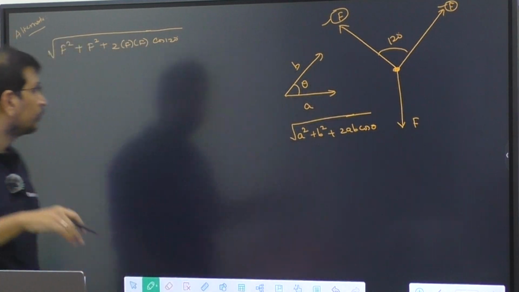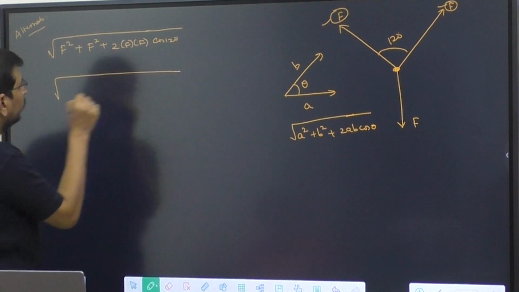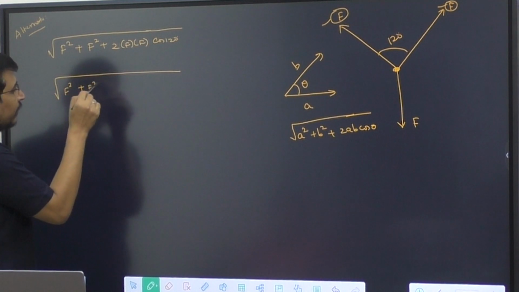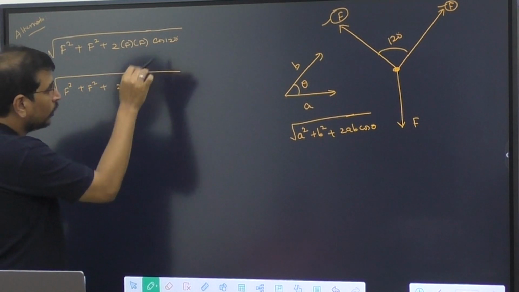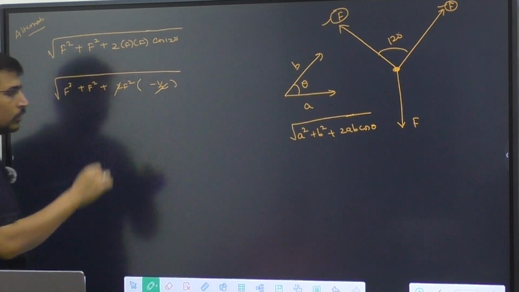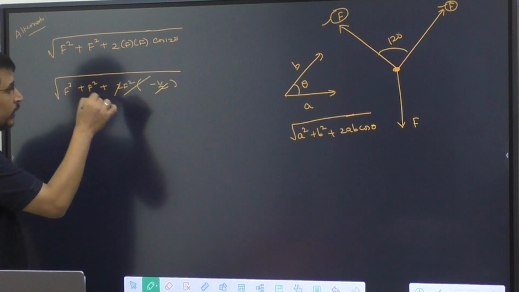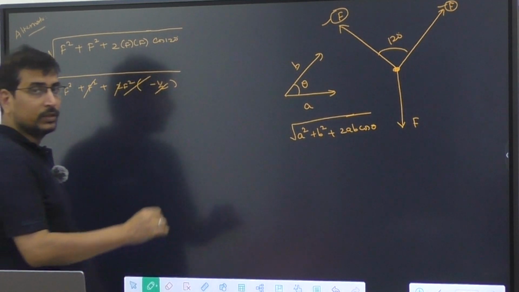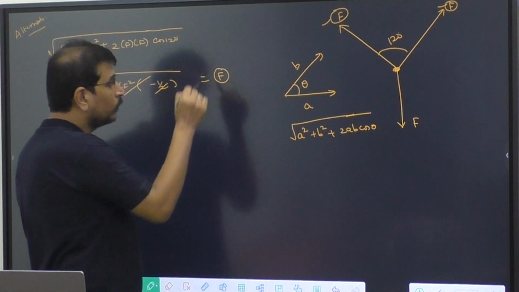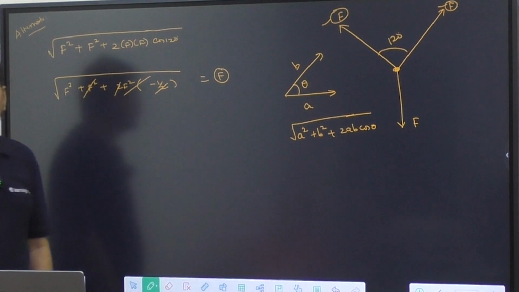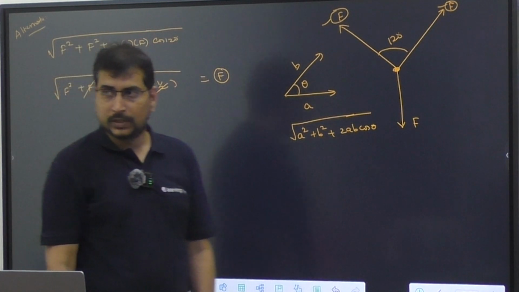Minus half, correct. So square root of F square plus F square plus 2F square into cos 120, which is minus half, 2 and 2 are 1. So F square and F square are 1. So what are you left with? You're left with F.